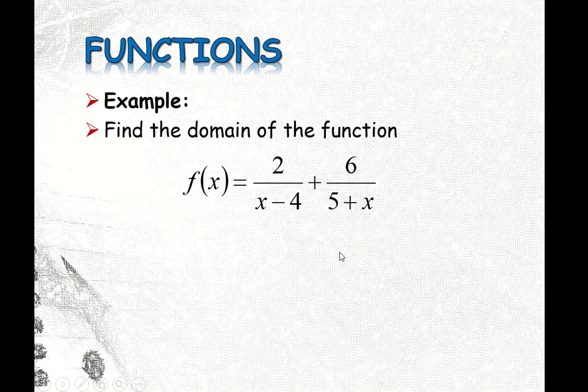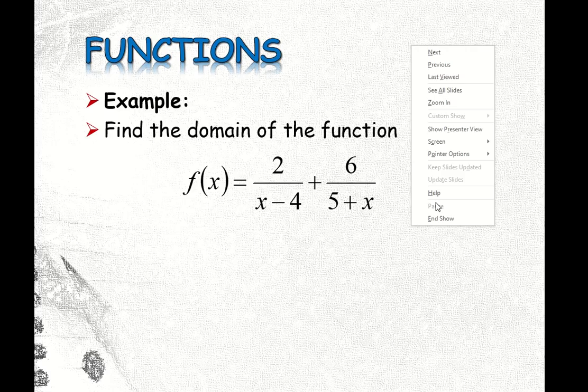To find the domain of this function, we have to set the denominators, first x minus 4, to 0, and also 5 plus x equal to 0, to determine the values of x that are not included, because the value of x that can make the denominator equal to 0 will be excluded in the domain.